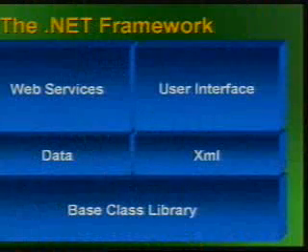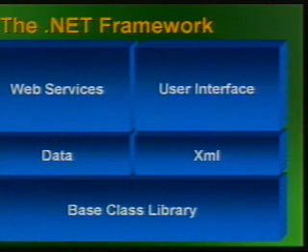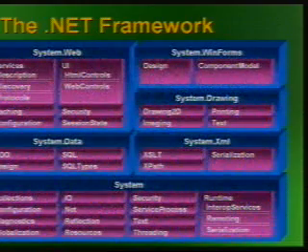So you've seen this block diagram before, where we have the base class library, and then on top of that we have data and XML support, and then web services and user interface. I wanted to show you here, this is not just an architecture diagram. This actually is how the framework is built internally. And to illustrate that, I'll morph the slide here and show you some of the namespaces that are present in the framework.